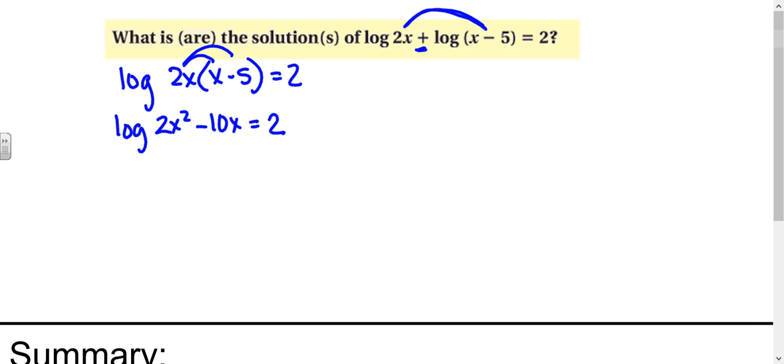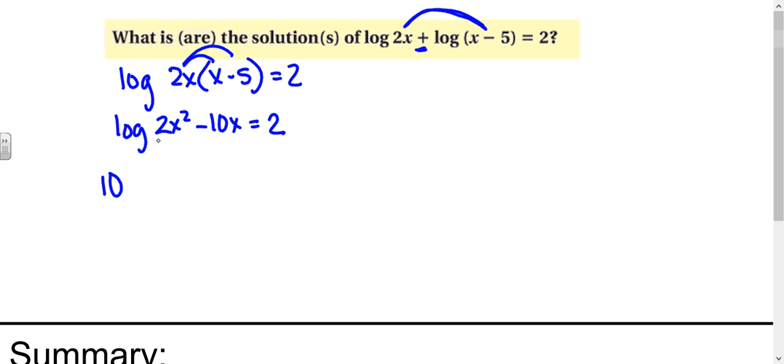Now, I need to get x by itself, so I need to get rid of log. Now, when it doesn't have a base written next to it, what is the base of the logarithm? It would be 10. So this is kind of like there's an imaginary 10 right here. So we're going to go ahead and do exponentiating. So I have to use base 10.